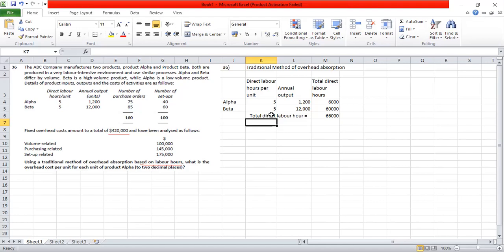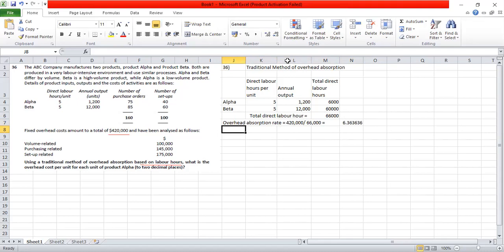So let's calculate the overhead absorption rate. The overhead rate is 6.36 per labor hour.